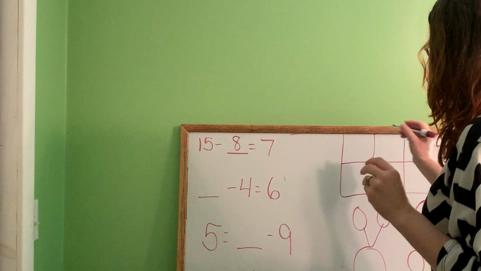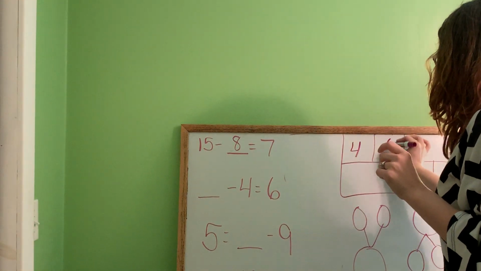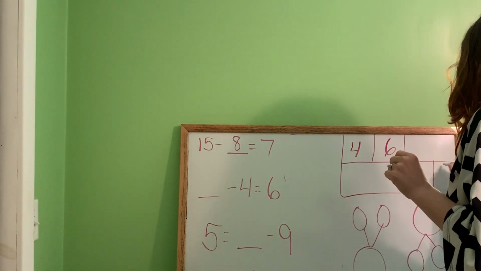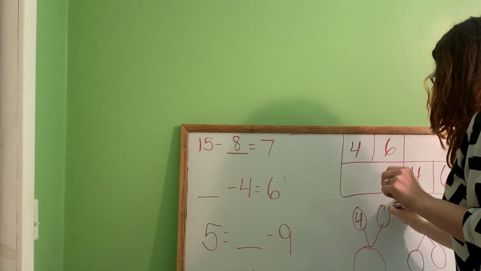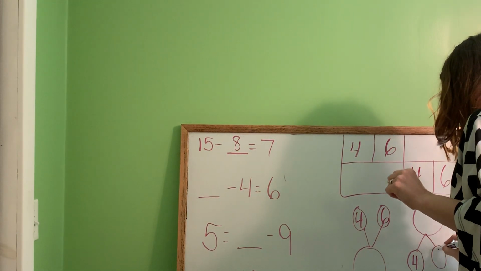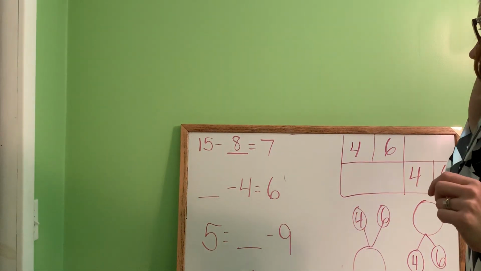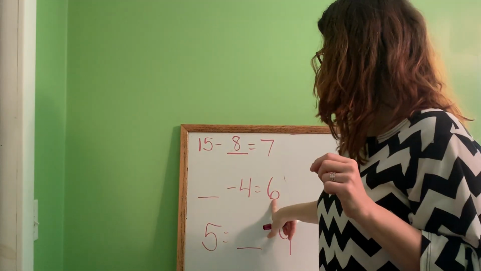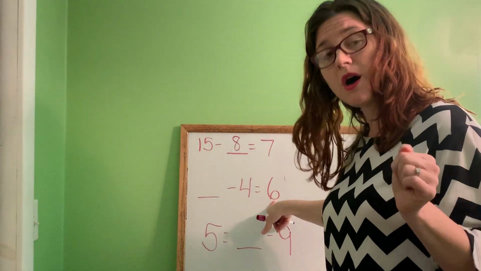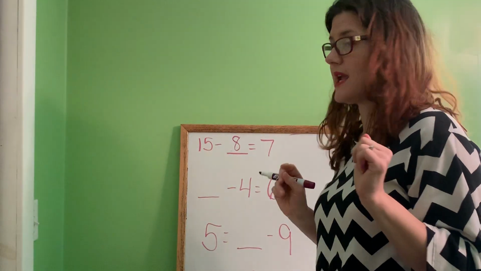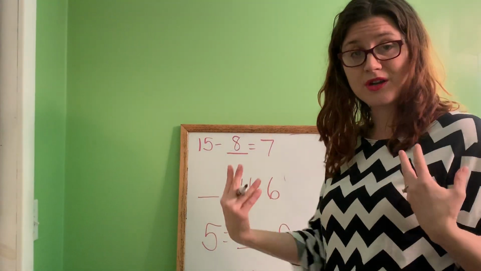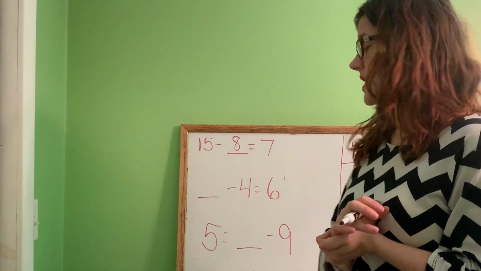So in this model, 4 dogs ran away, 6 stayed. In this problem, we are looking for a number bigger than the biggest number we see. And that one should be a bigger number because we want the total that we started with.